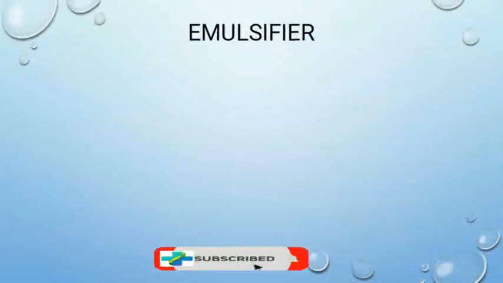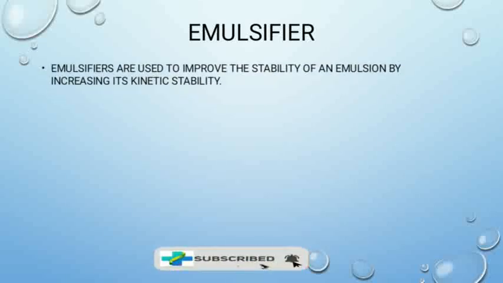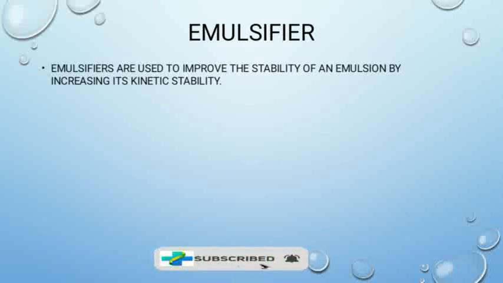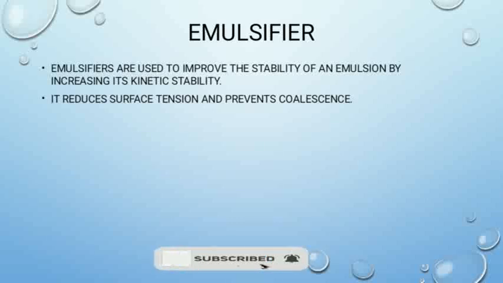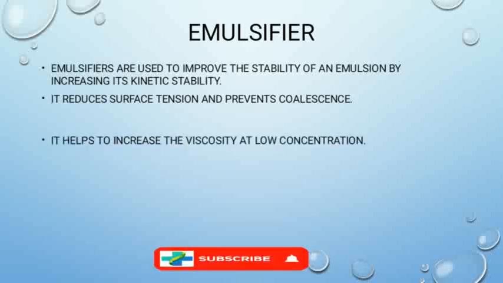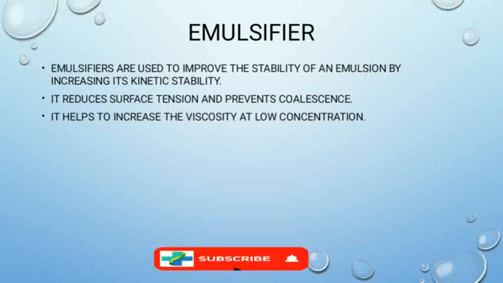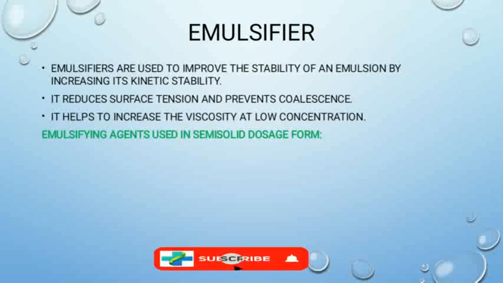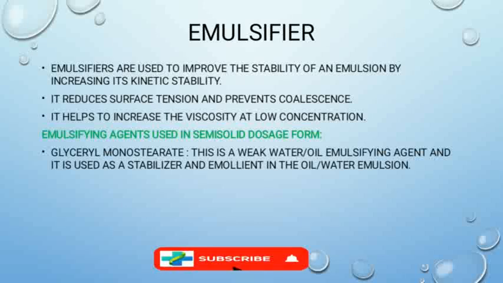Then the next is emulsifiers. So students, emulsifiers are used to improve the stability of an emulsion by increasing its kinetic stability. It reduces surface tension and prevents coalescence. Then it helps to increase the viscosity at low concentration. Emulsifying agents used in semisolid dosage form are, first one, glyceryl monostearate.